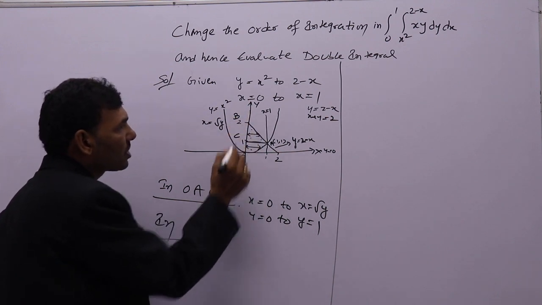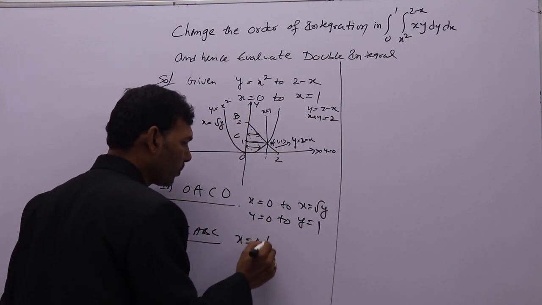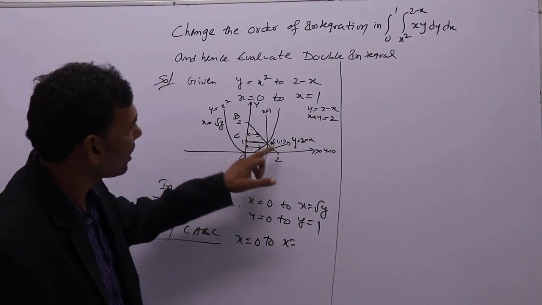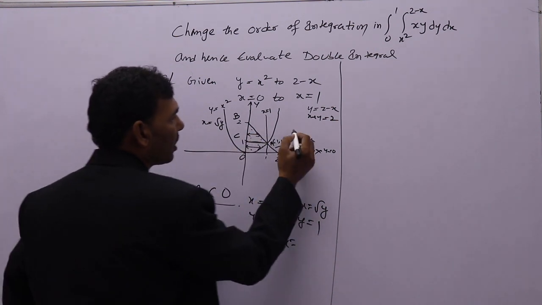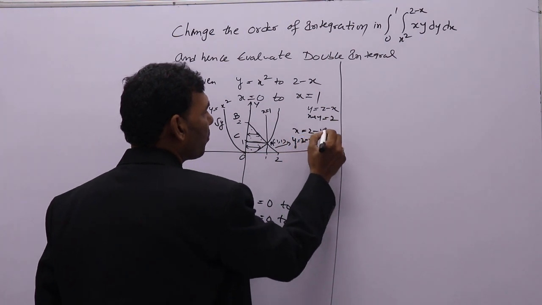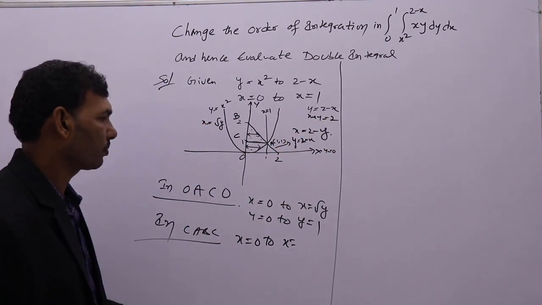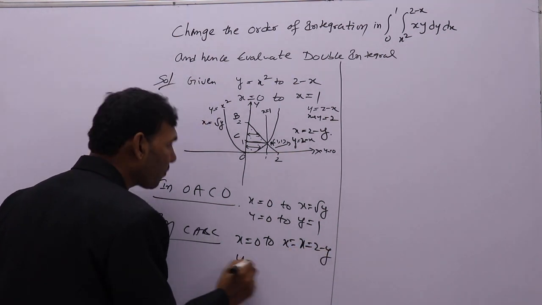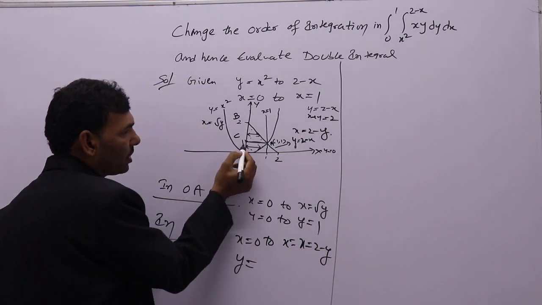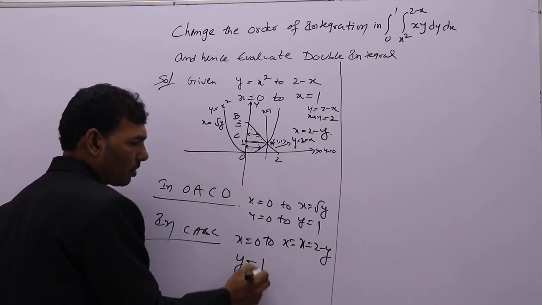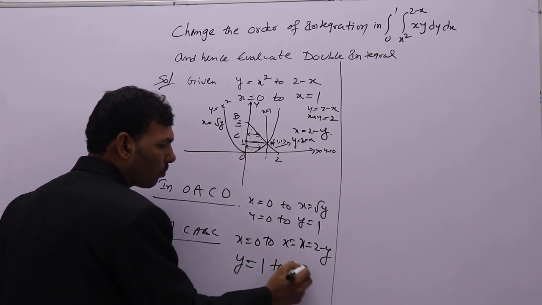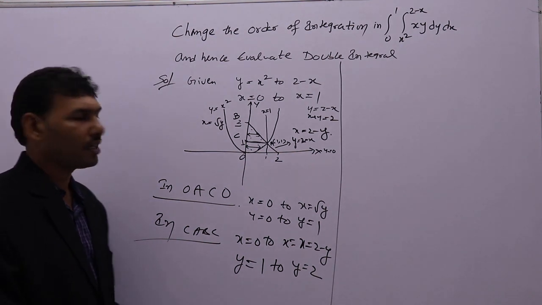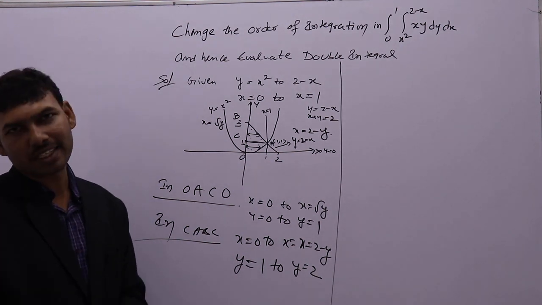What is the name of this line? x equal to 0 to x equal to, what is the name of this line in terms of y? x equal to 2 minus y. And y is from here to here, from 1 to 2. Clear? These are the new limits of integration.